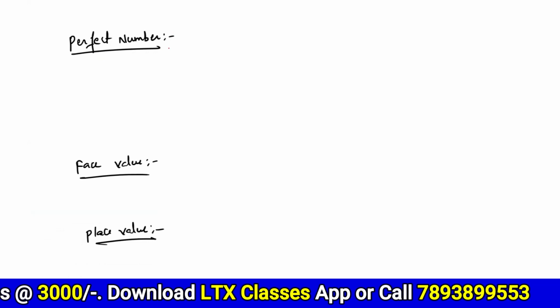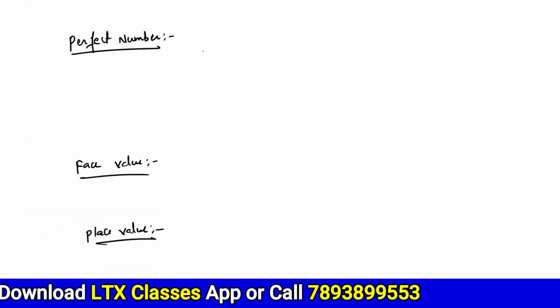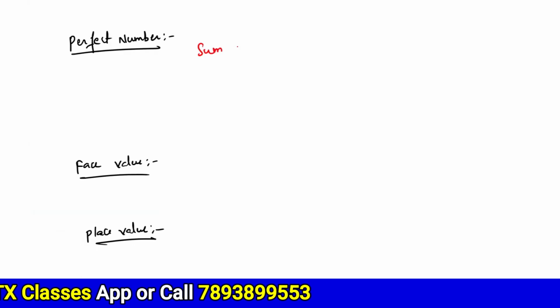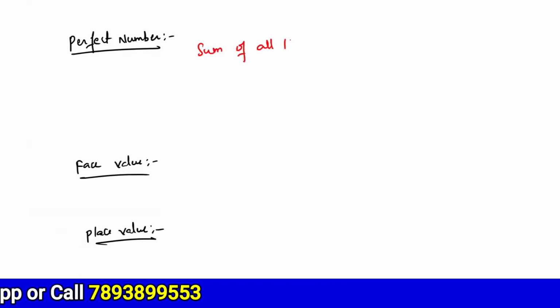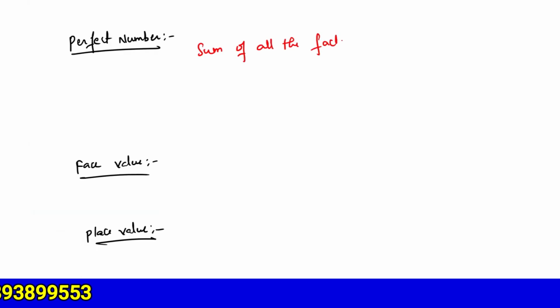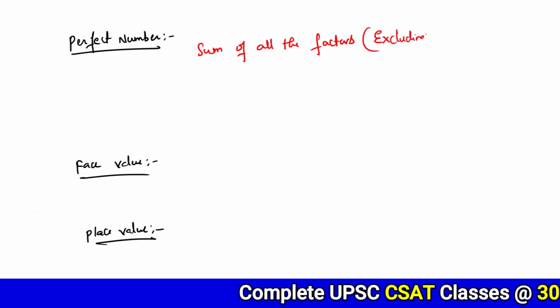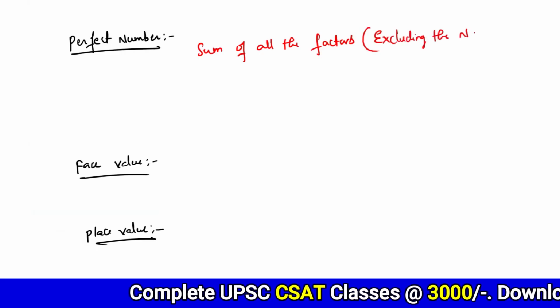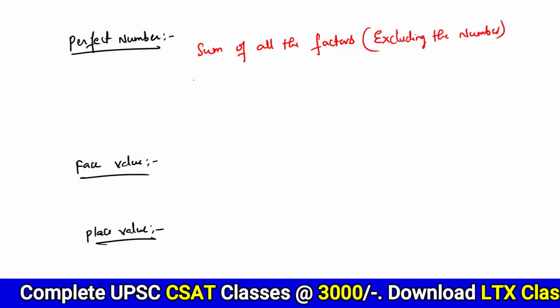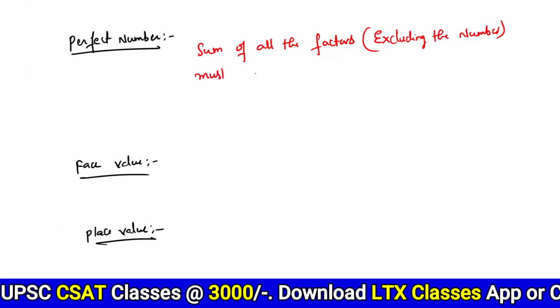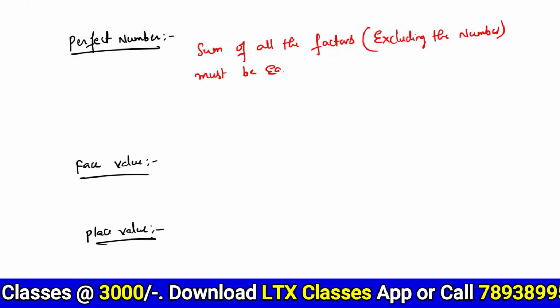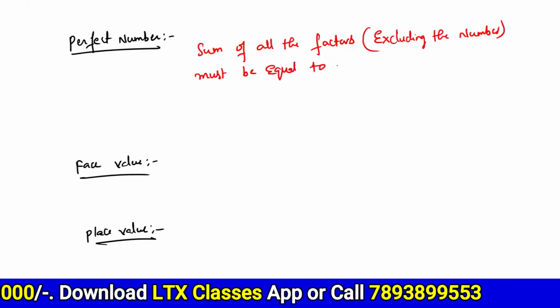Regarding a perfect number, the sum of all the factors, excluding the number, must be equal to the number itself.